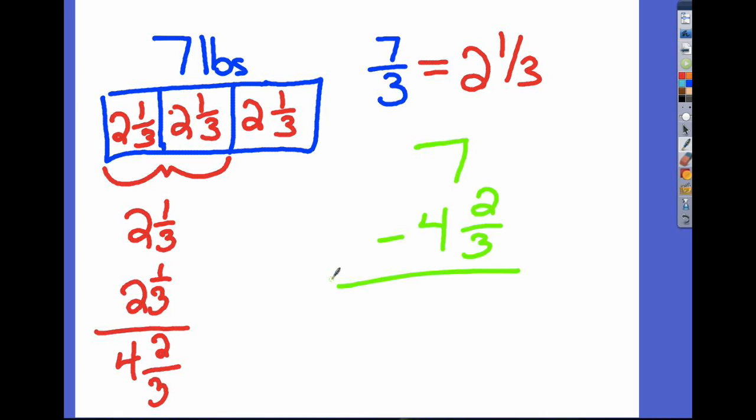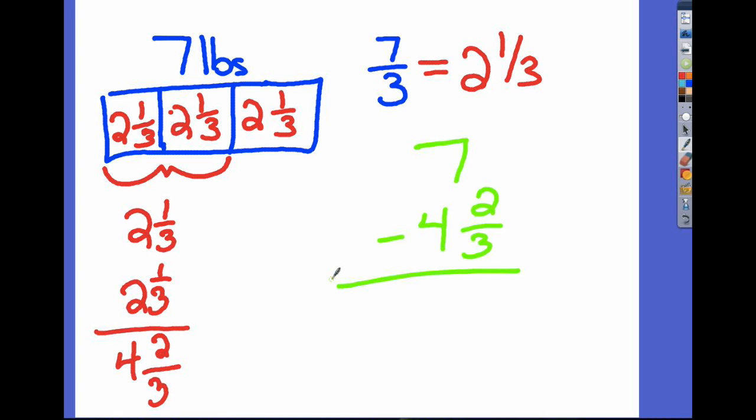If I subtract this, it should equal 2 1/3, right? Or if I took 4 2/3 and added 2 1/3 to it, does that make sense? Yay? Nay? Are you sure?